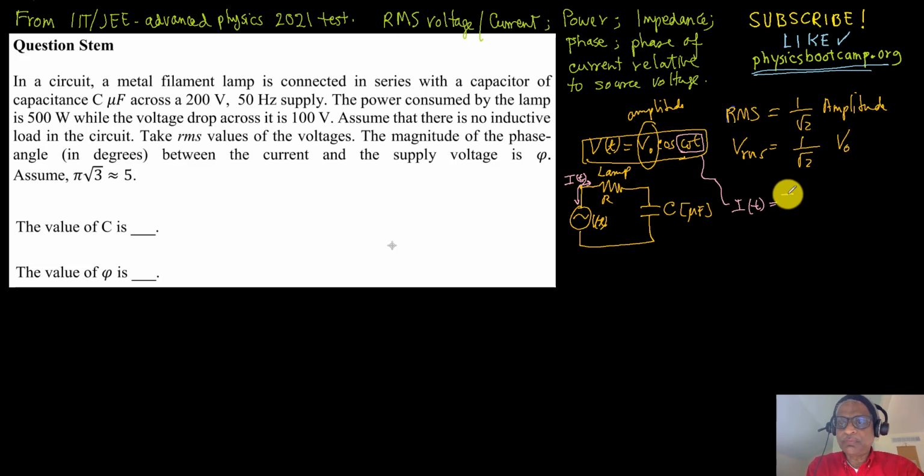So we have some amplitude, and you'll have a cosine of omega t plus some phase phi, and we're supposed to find this also. So in terms of RMS, this current will be 1 over square root 2 times I0. So this is the RMS, and it's related to the amplitude of the oscillations.